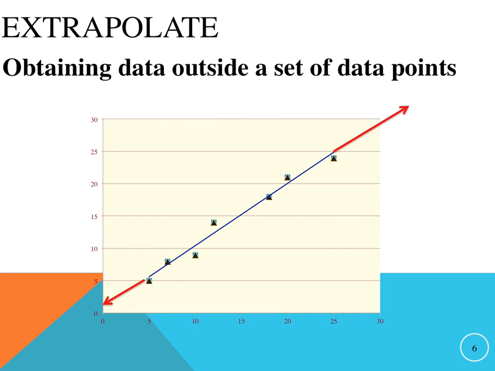We don't know. So we're extrapolating based on the data we have and predicting those areas that we don't have data for. We didn't get that far, or we didn't start at 0. The extrapolation on this graph is shown in red, the areas outside the actual points we collected.